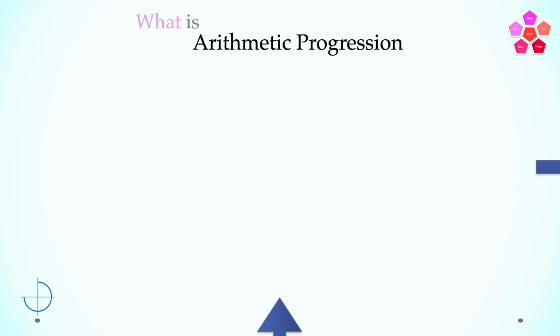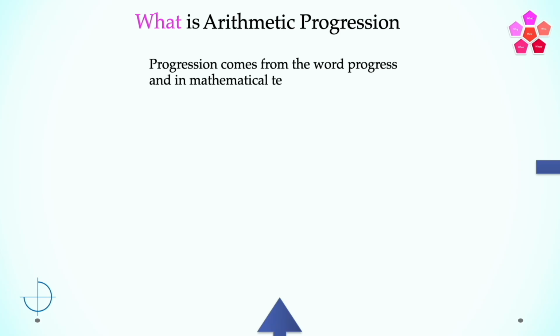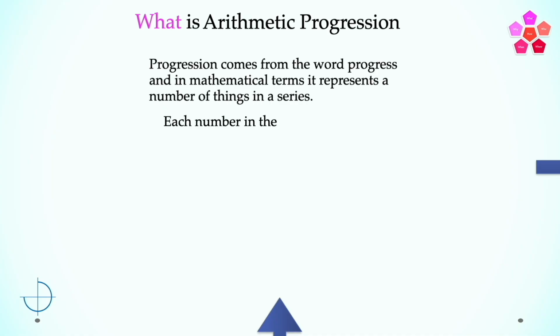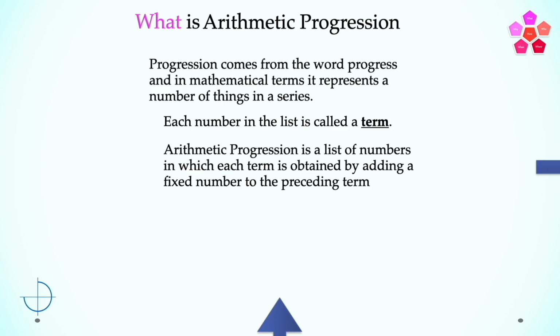So what is arithmetic progression? Progression comes from the word progress, and in mathematical terms, it represents a number of things in a series. Each number in the list is called a term. Arithmetic progression is a list of numbers in which each term is obtained by adding a fixed number to the preceding term except the first term.